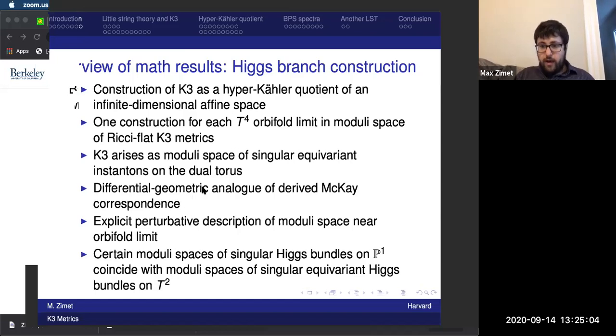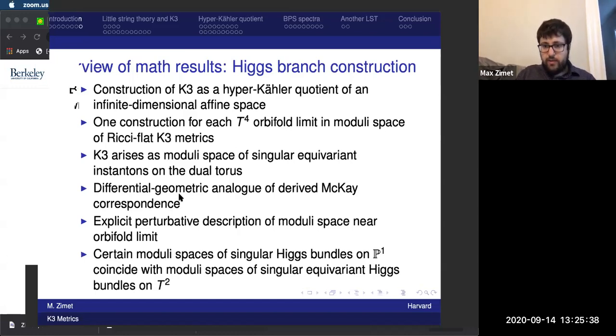First of all, we know from Mackay that one can construct K3 as a moduli space of certain sheaves on K3 itself. And we know also from the derived Mackay correspondence that there's a correspondence between sheaves on K3 and equivariant sheaves on a torus, which you can orbifold in order to get K3.